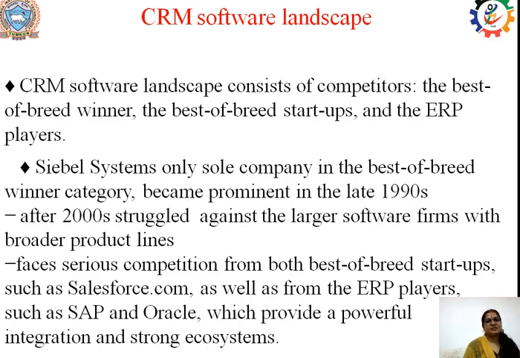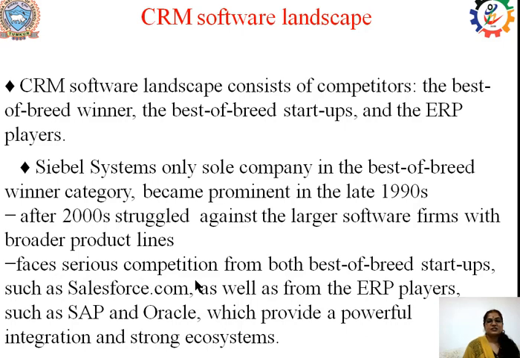Siebel Systems is a software vendor in the category best of breed winner. Actually, it originated in the 1990s, but soon after grew fast, and after 2000s struggled against the larger software firms with broader product lines. There was more competition.